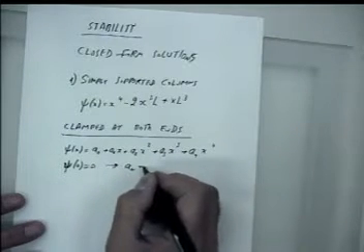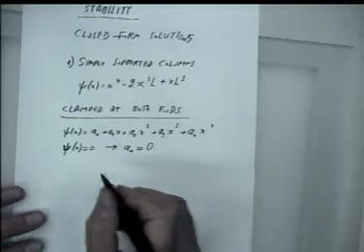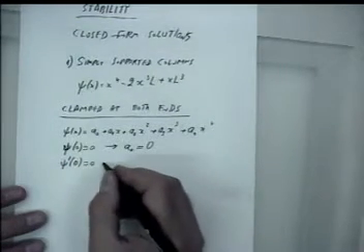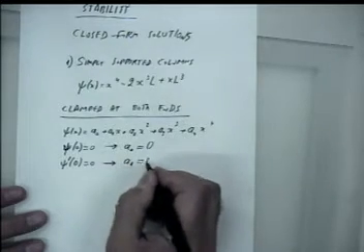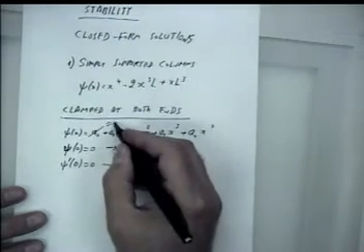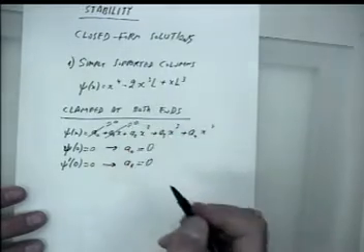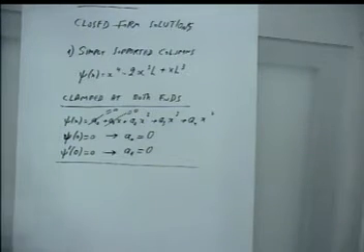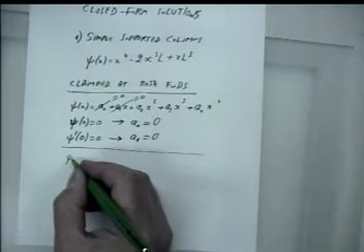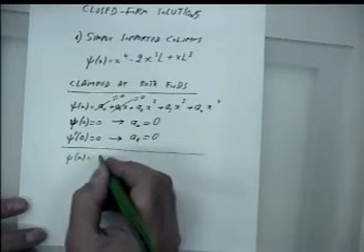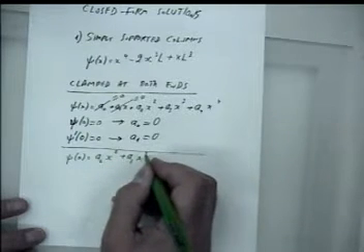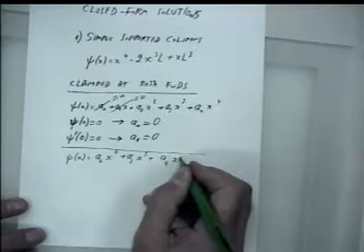This gives me a0 equals 0. Then psi prime at 0 equals 0. That gives us, of course, a1 must be 0. So this is 0 and this is 0. We are left with psi of x equals a2x squared plus a3x cubed plus a4x to the fourth power.